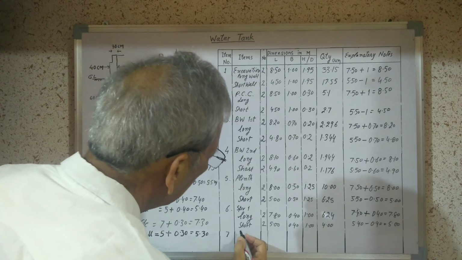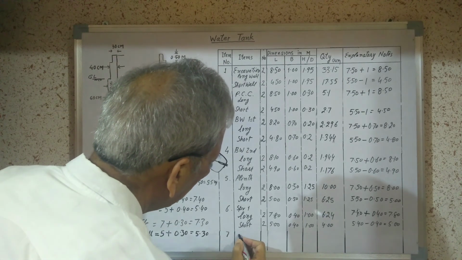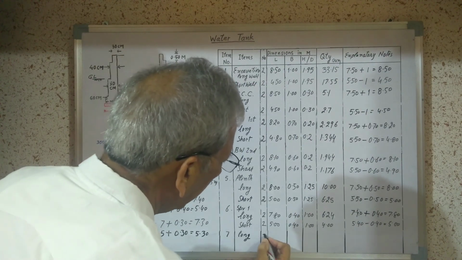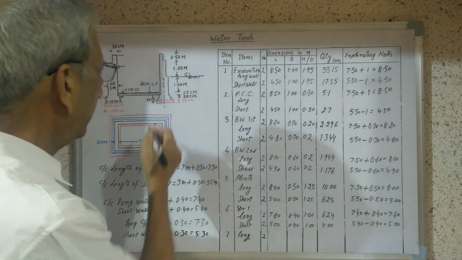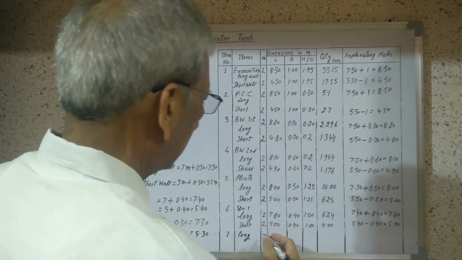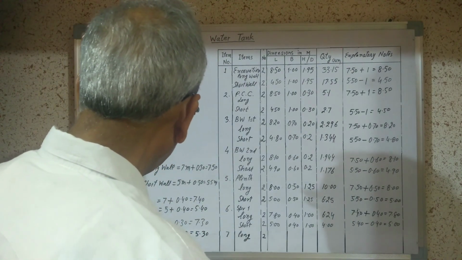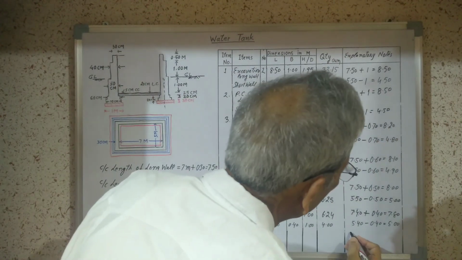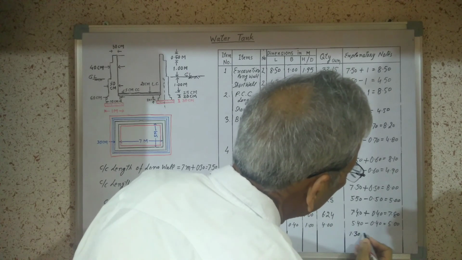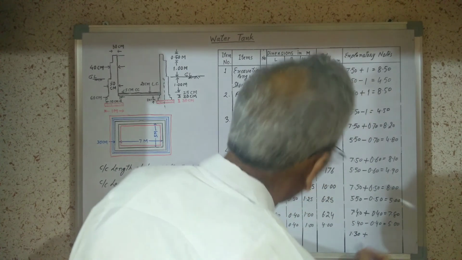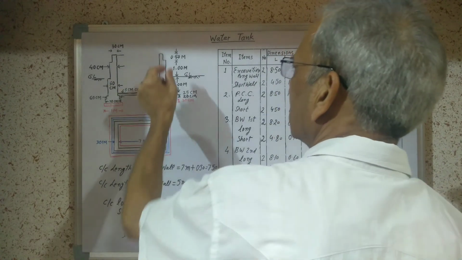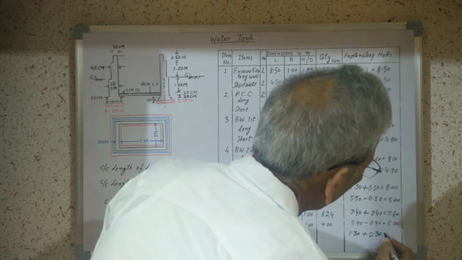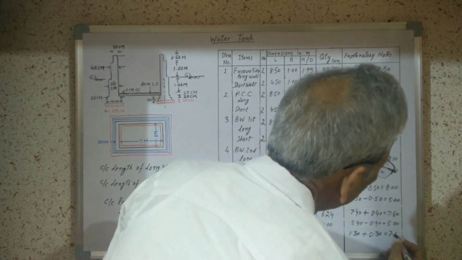Now we will calculate the superstructure for the long wall. Two number of walls, long walls, 1 and 2. Now what is the total length? We will calculate 7.30 plus 1 width, that is 30 centimeters. It is 7.60.